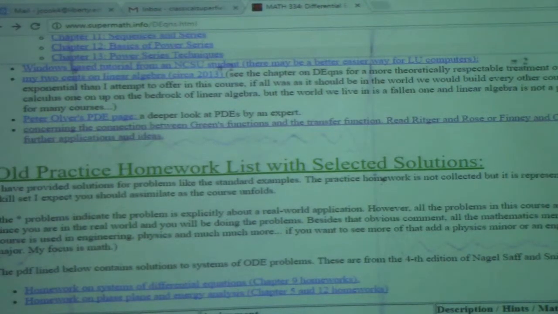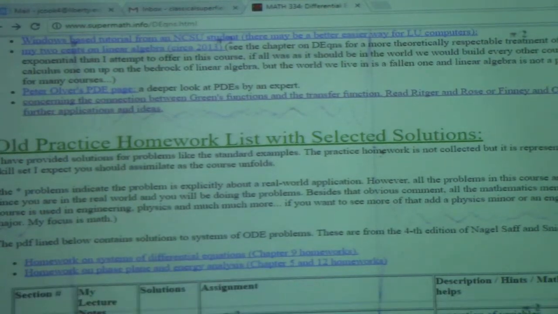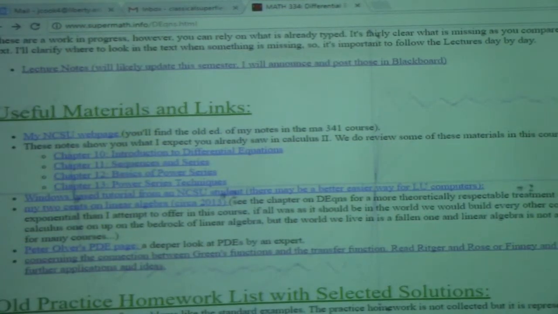So on the web page, right? It's right under useful material and links. It's this one, concerning the connection between Green's functions and the transfer function. A lot of this I got from Finney and Ostberg's fantastic book, which is really hard to find in print these days. But anyway, you can hit the lights again, King, if you don't mind.